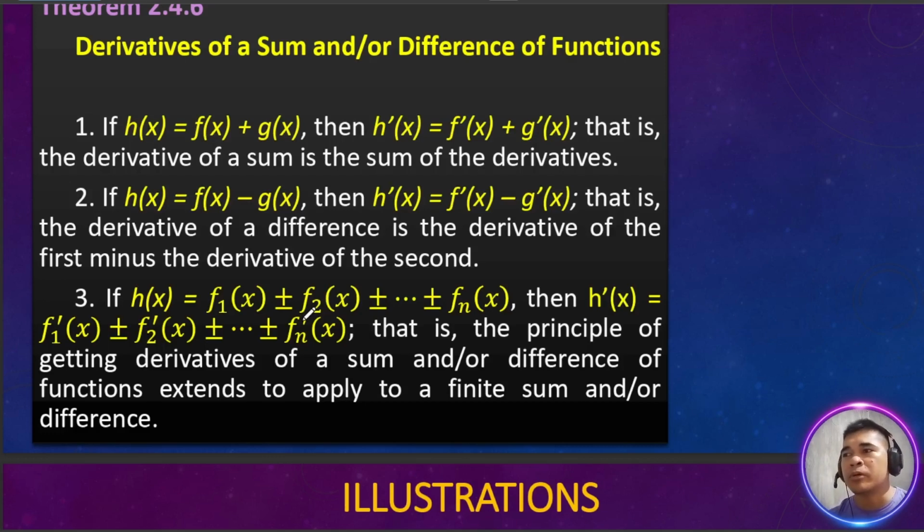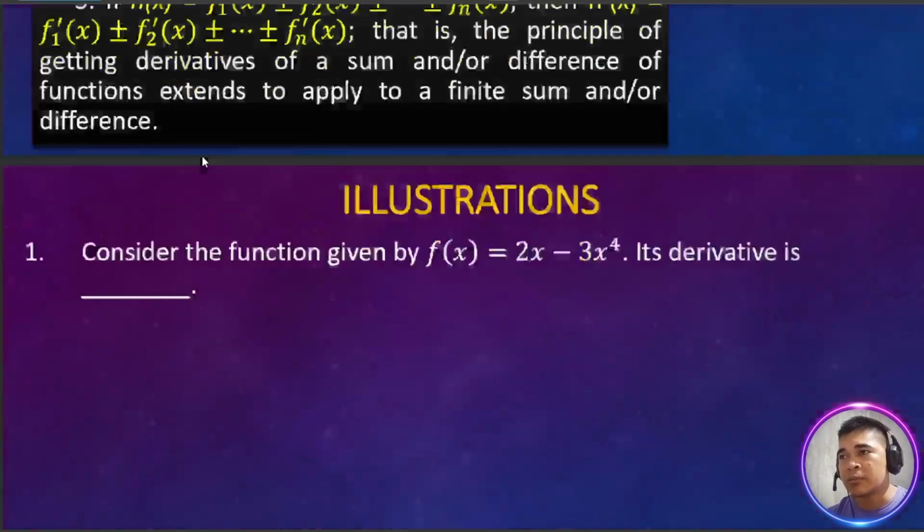That is, the principle of getting derivatives of a sum or difference of functions extends to apply to a finite sum and or difference. So take note, for the derivatives of a sum or difference, kuhaan mo og derivative ang matag terms. So that is the concept.